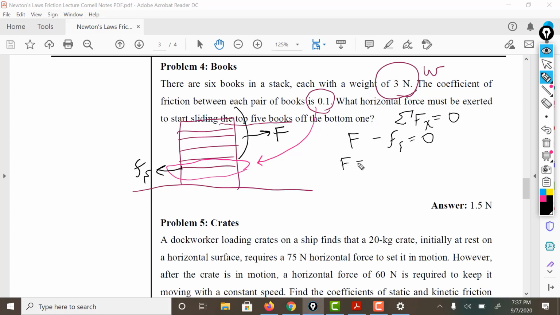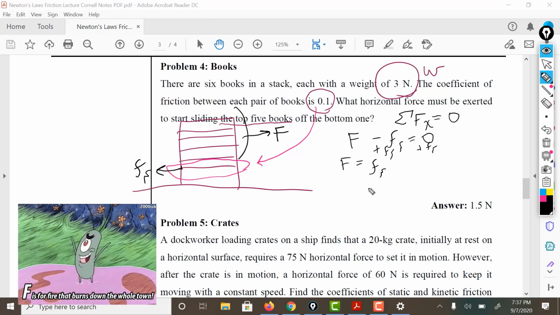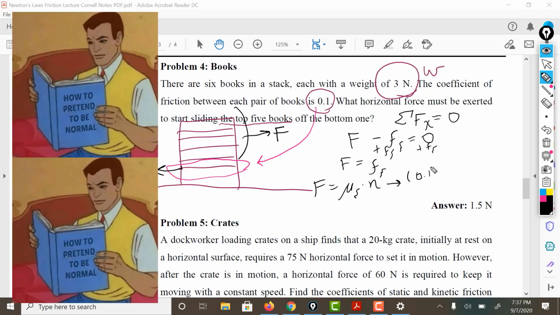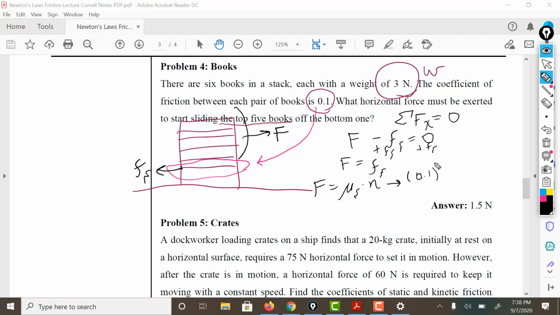If I add Fs to both sides, I get F is equal to the static friction. But by definition, the static friction is mu s times the normal. Mu s is 0.1.